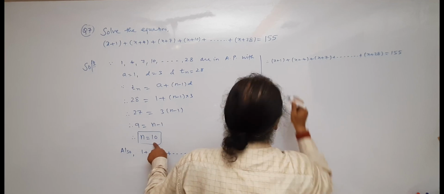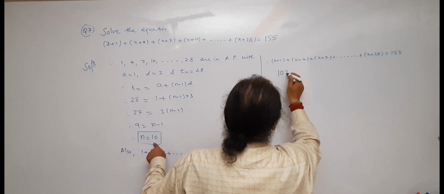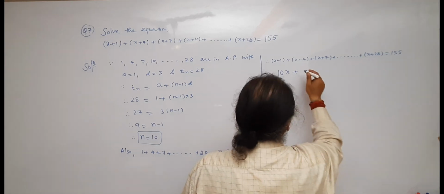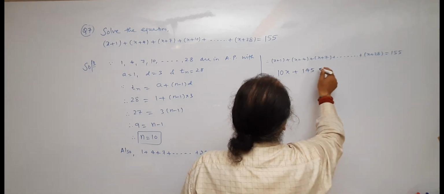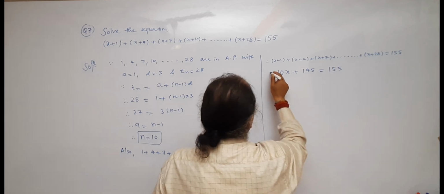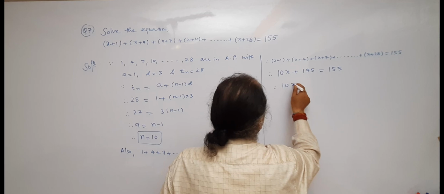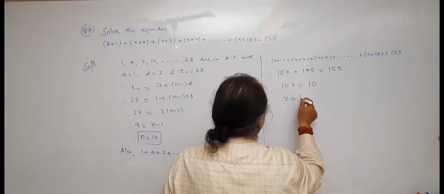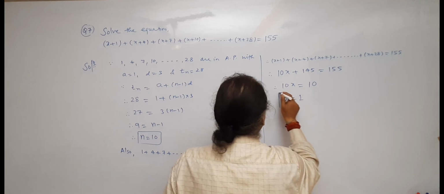Number of terms is 10, so 10x will be there and the sum of the constants is 145, equal to 155. So 10x is 10. So x is 1.